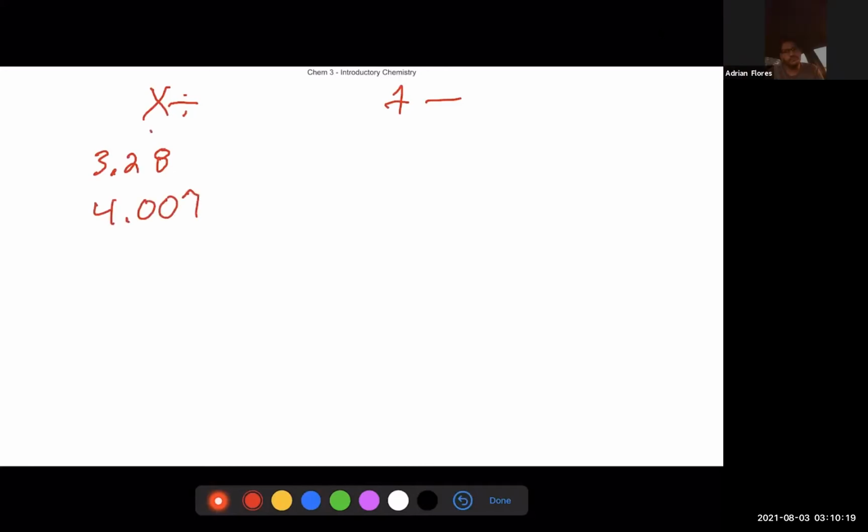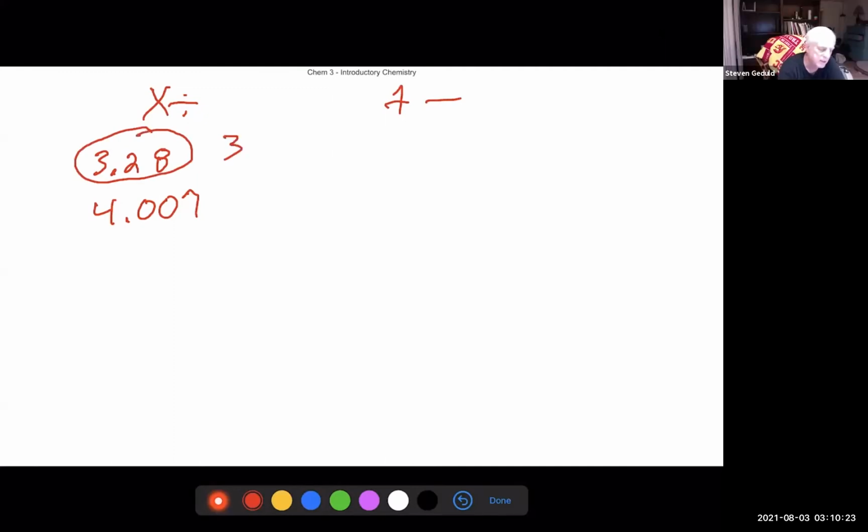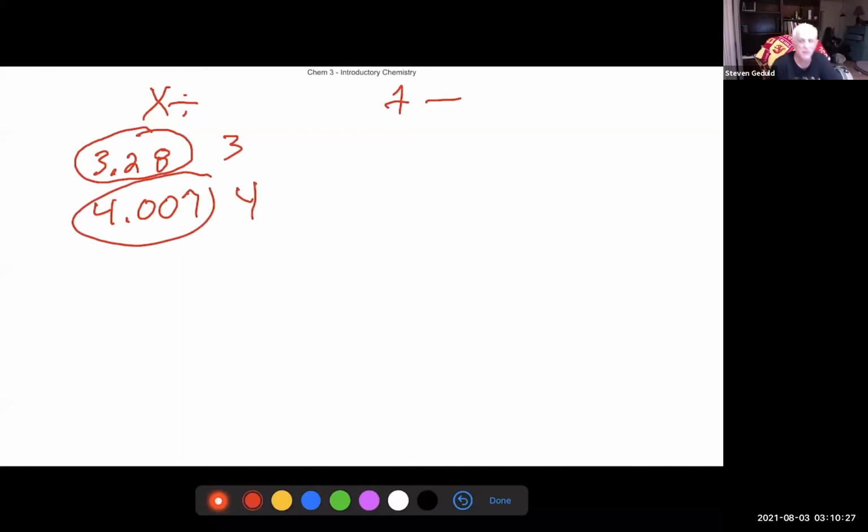This number here would have 3 significant digits. This number here would have 4 significant digits. When we're counting significant digits, we count every integer except 0. If 0 is between 2 integers, we count the zeros because it's measured to that value. Zeros in front of the number, leading zeros, are not significant.